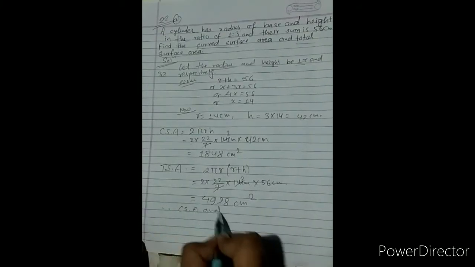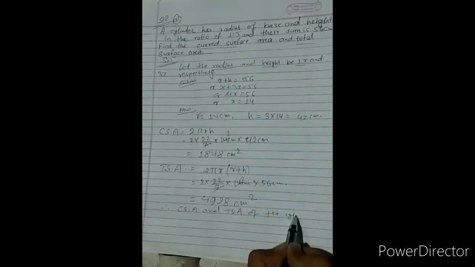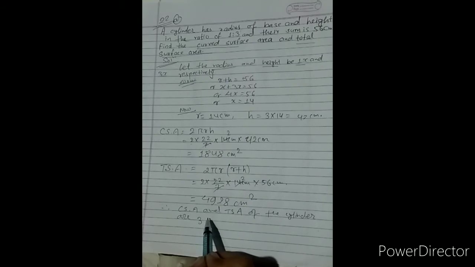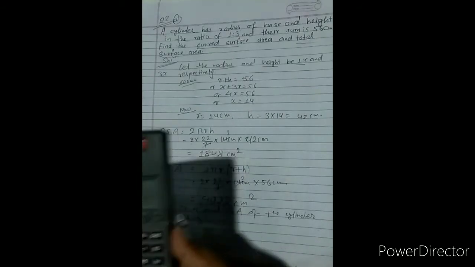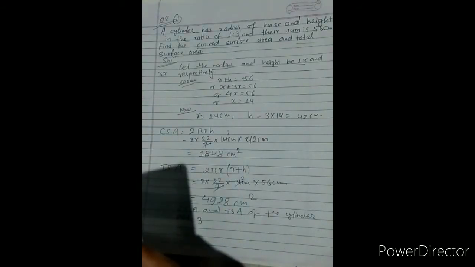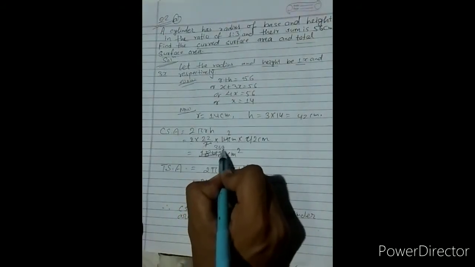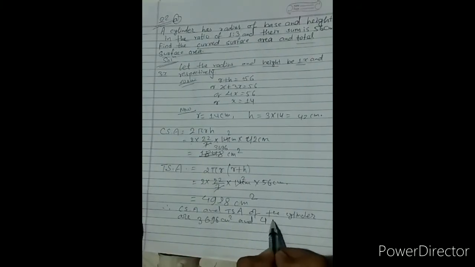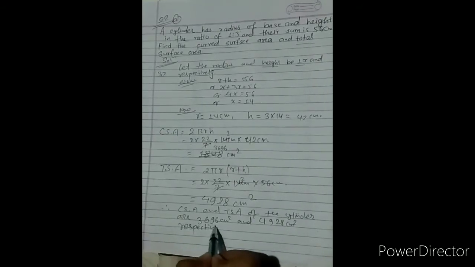CSA and TSA of the cylinder are 1848 and 4928 centimeter square respectively.